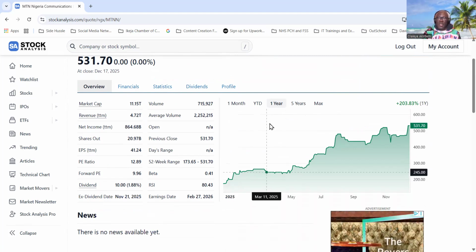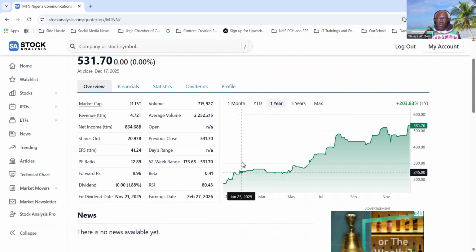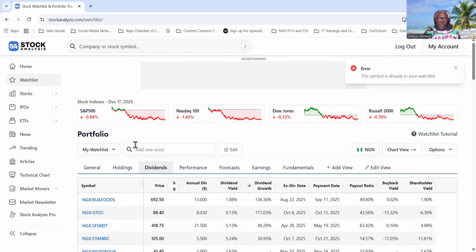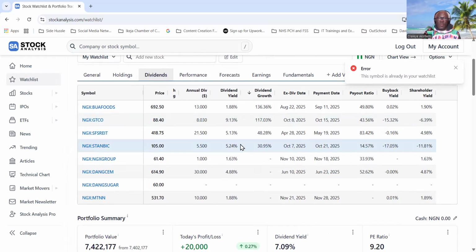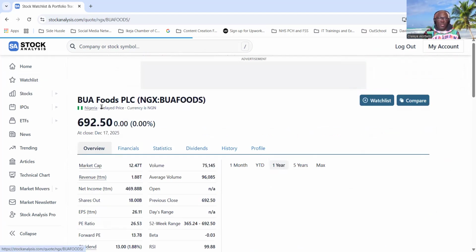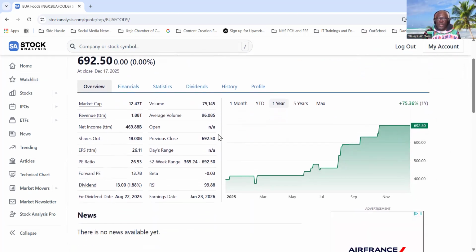That is the capital growth or the capital appreciation for each stock. So let me come back here. Now here I've got a list of all my stocks. You click on the name or the symbol for each stock, Boa Food, and you want to see the capital history. It will be here.